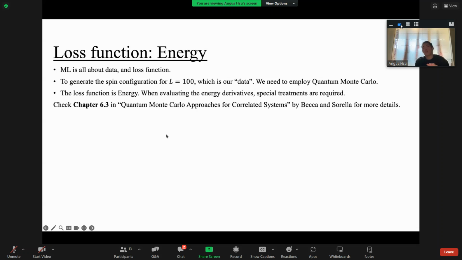This book's chapter 6.3 is what I follow for the quantum Monte Carlo part. And this is actually the same people who did the translation variational wave functions, so I'm pretty sure they follow this approach for the quantum Monte Carlo, and also for how to update your variables and perform gradient descent on your energy.